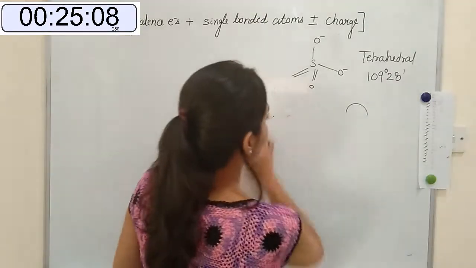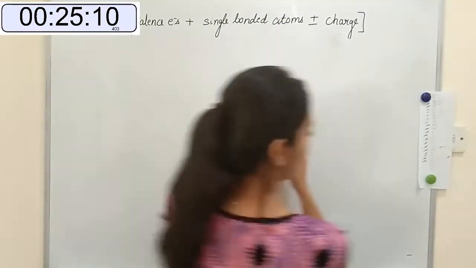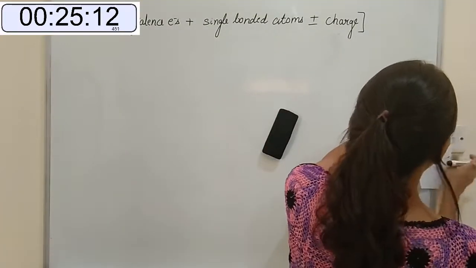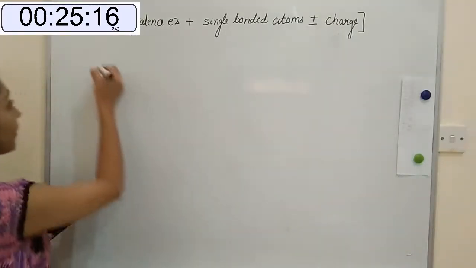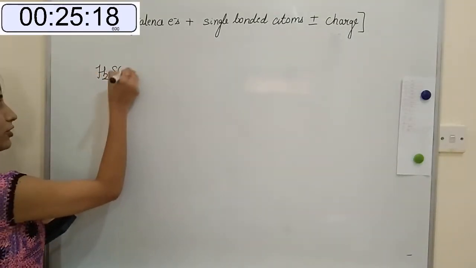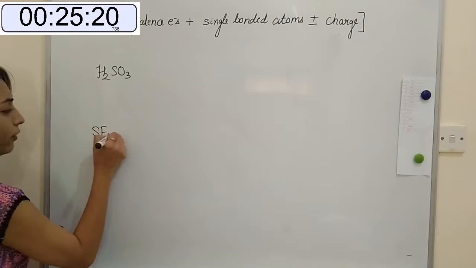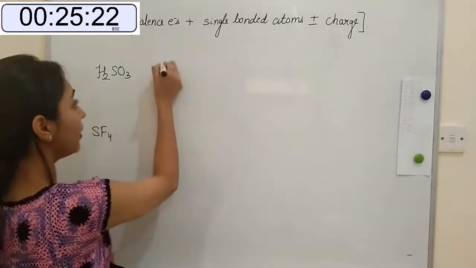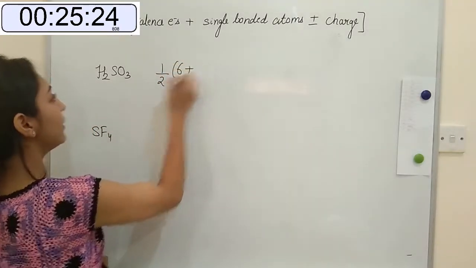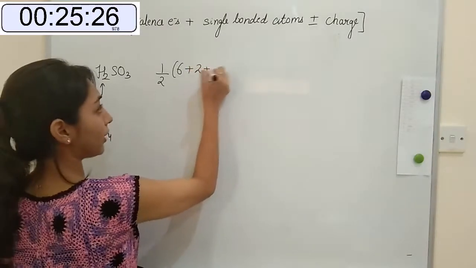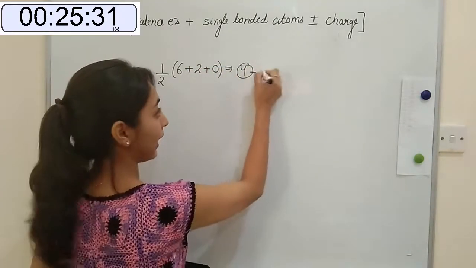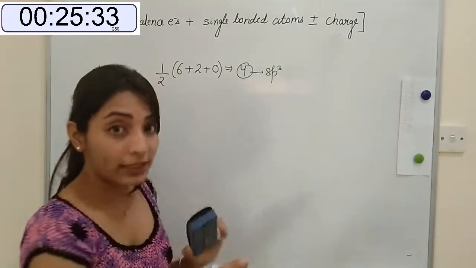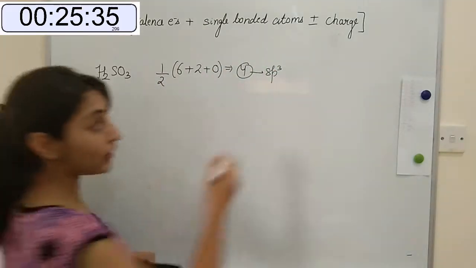So one side of the page is over. Now let me just turn the page to get other questions. First I have written H2SO3 and SF4. So these are also for sulfur. Half, 6 plus 2 plus oxygen is 0, which is again 4, and 4 means sp3. But be careful, it is H2SO3.